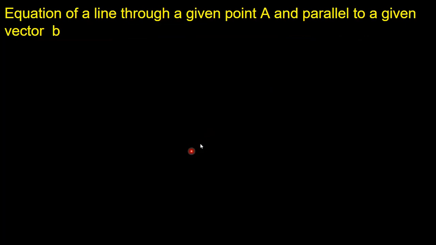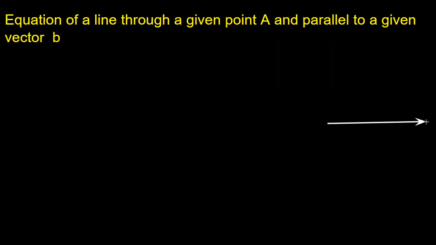So let's first draw this Cartesian system. Let's say this is x-axis and y. X and y are mutually perpendicular. The third, because we are talking in third dimension, the third axis would be perpendicular to both x and y.